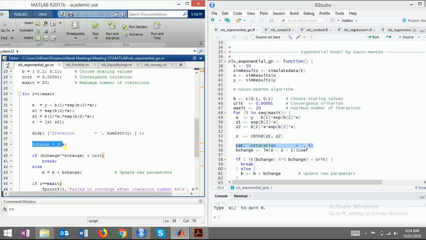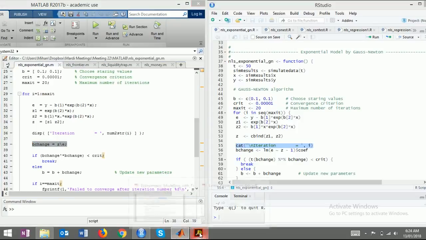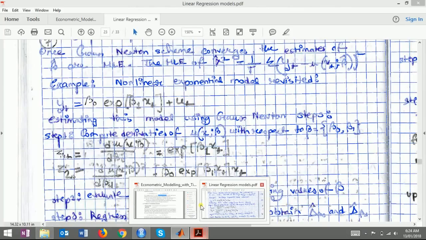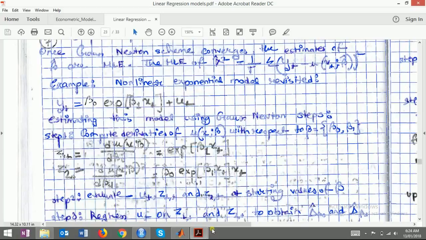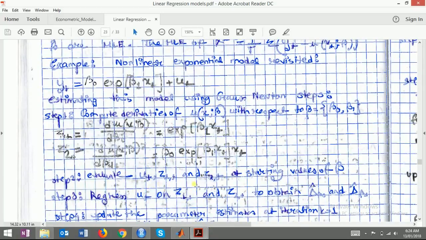We change Z by E, which is actually delta, which is actually calculating the change in Z when evaluating U. What is this? Very simple. This is this part. Evaluate U, Z1t and Z2t as starting values of beta. Regress U on Z1t and Z2t to obtain the delta hat beta naught and delta hat beta 1.